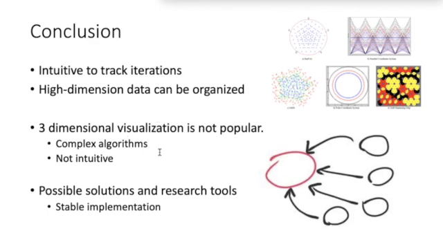A three-dimensional visualization is not popular because, except for the basic property of the high-dimensional data, the other graphs are pretty complex and not intuitive. The algorithm can be complex.